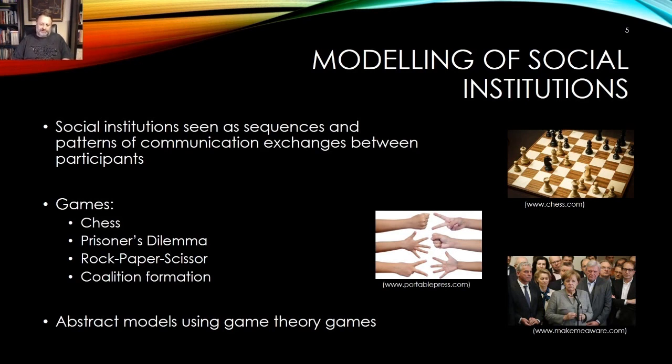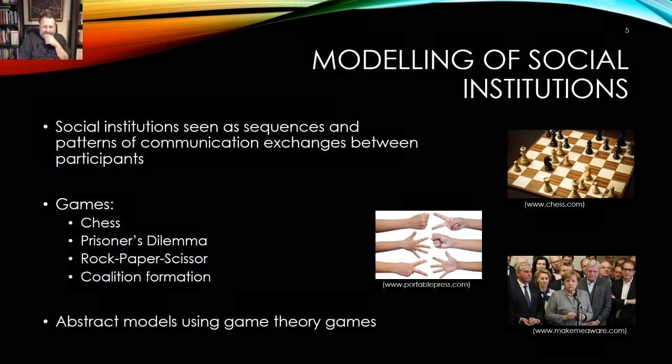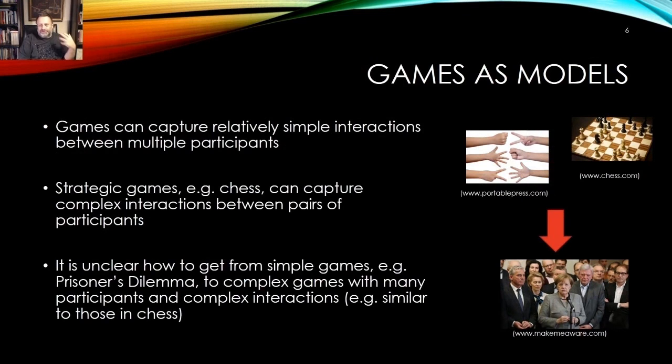One beats another one in a circular way. Or if you think of coalition formation in politics or elsewhere. Now, in all these cases, you can use games to model the social institutions. The question is, how do you use these abstract games to model social institutions and their development?